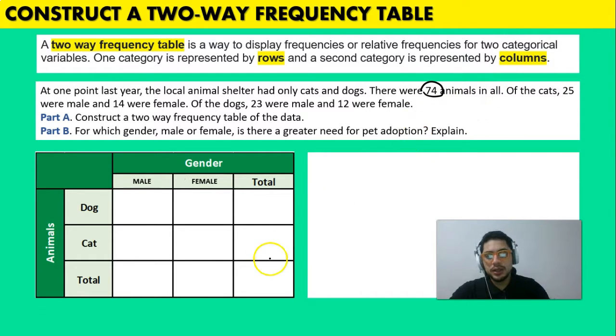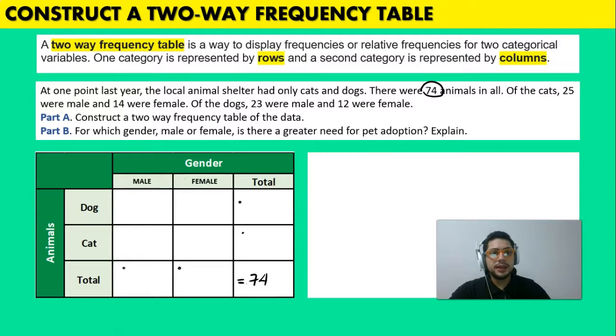The total is always going to be here. And whenever you have that total, these two numbers have to add up to 74, and the sum of those two numbers is also going to be 74.